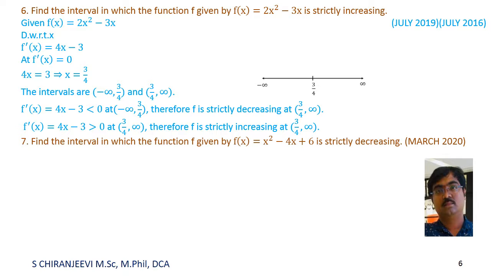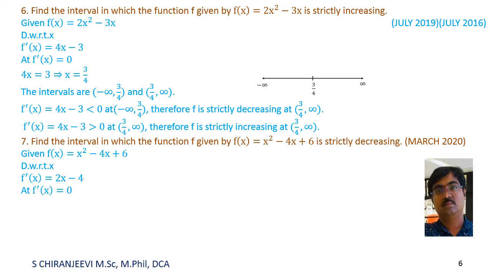Therefore it is strictly increasing. Next problem. Find the interval in which the function f given by f of x equal to x square minus 4x plus 6 is strictly decreasing, which was asked in March 2020. Given f of x equal to x square minus 4x plus 6, differentiating with respect to x, f dash of x equal to 2x minus 4.